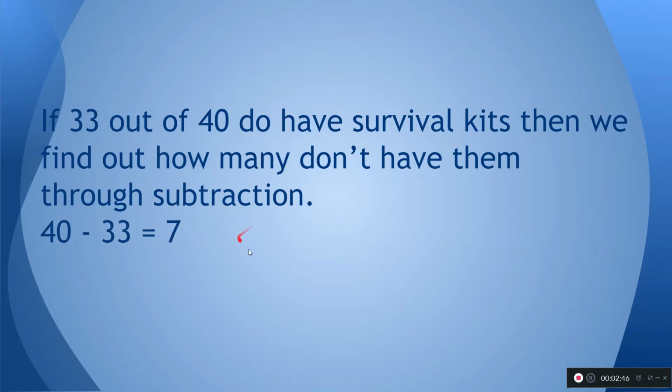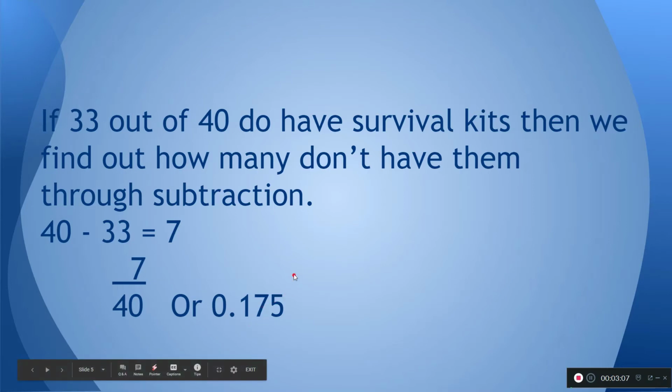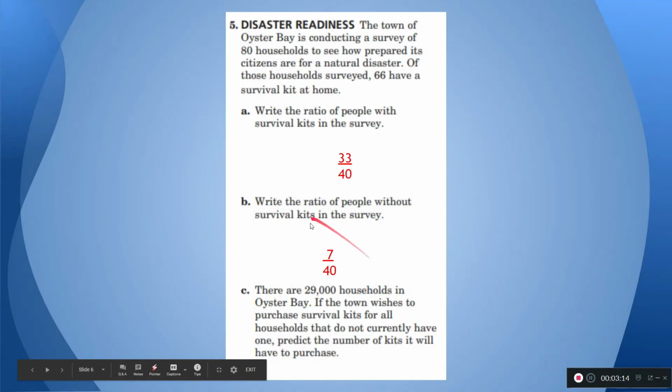When we say that 40 is the number of people and 33 of them have a kit, we do 40 minus 33, and we end up with 7 without a kit. So our ratio of those without kits will be 7 over 40, or 0.175. All right, so 7 over 40 is the answer for B.